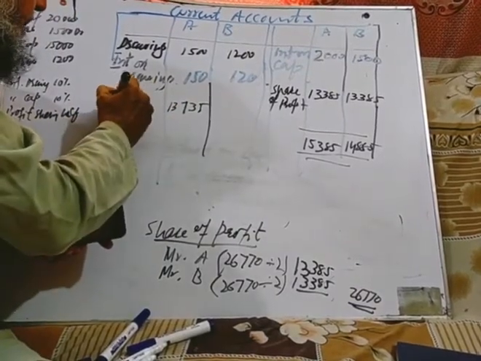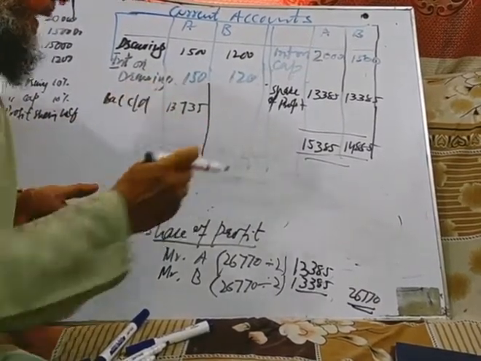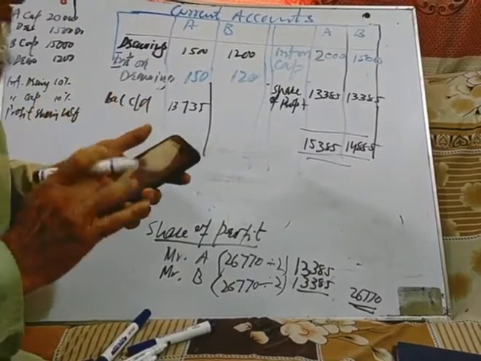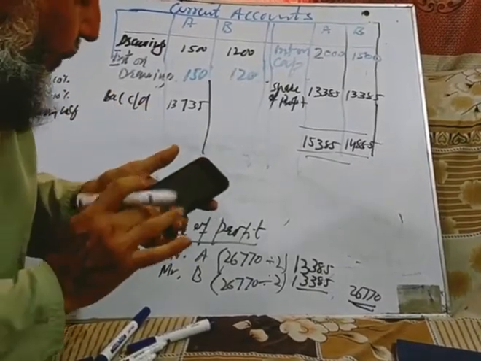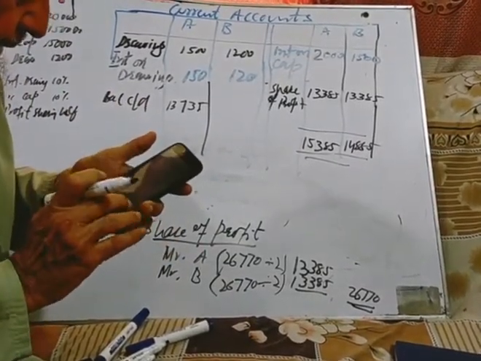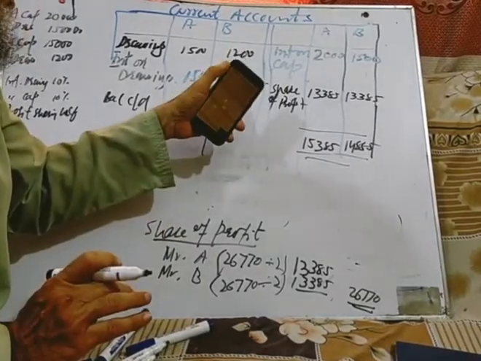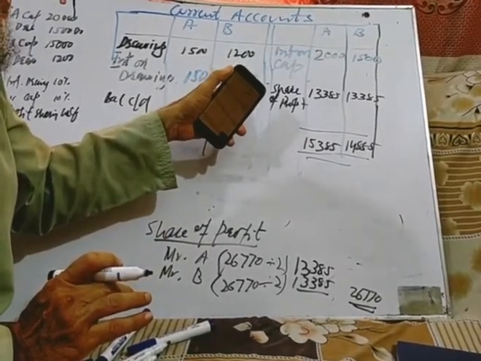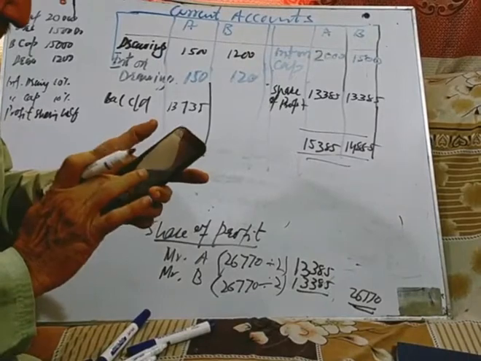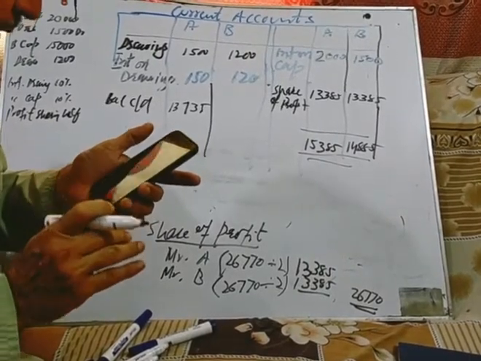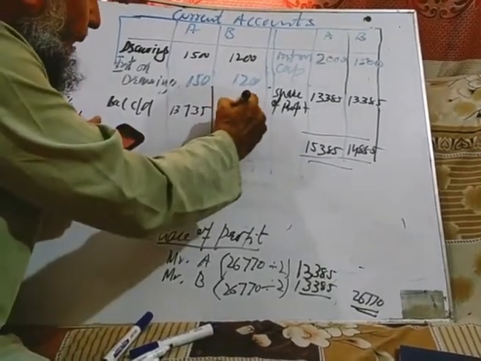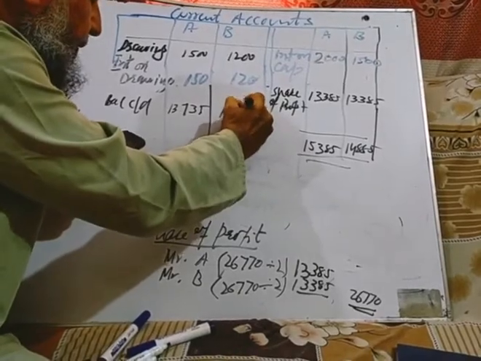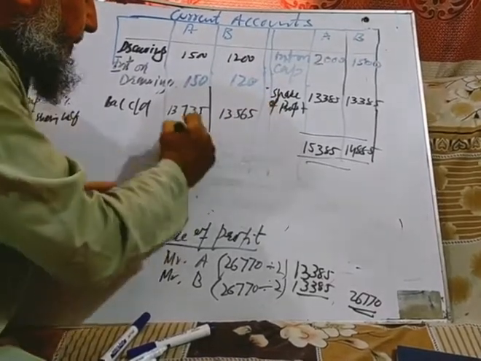Here we write balance c/d, and if you calculate 14,885 minus 1,320, the answer is 13,565.